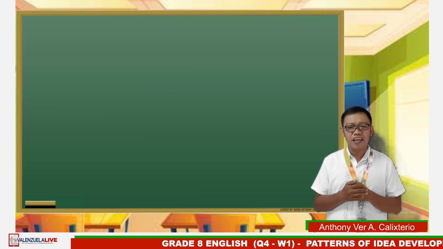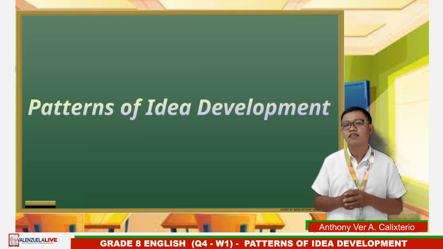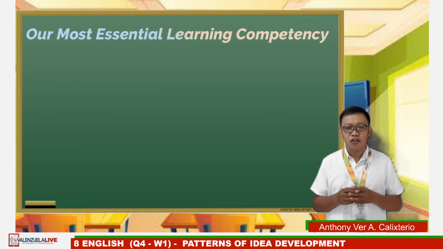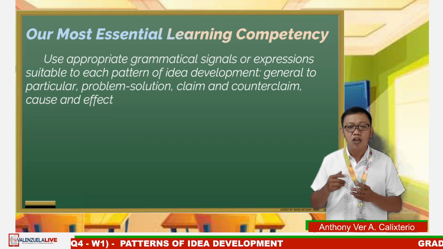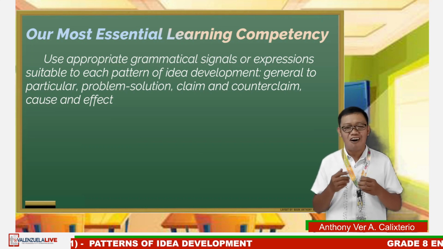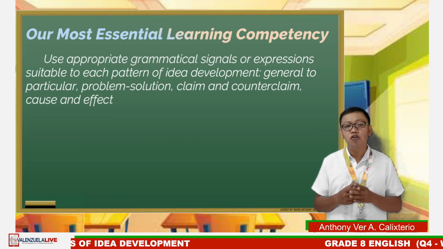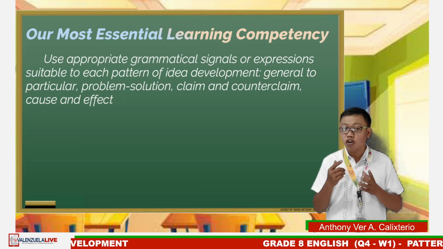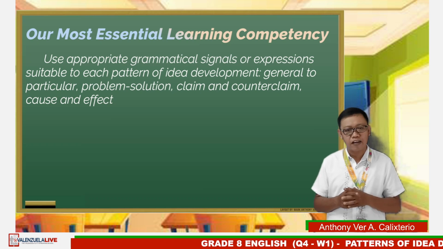Our topic today is patterns of idea development. Our most essential learning competency is to use appropriate grammatical signals or expressions suitable to each pattern of idea development, namely from general to particular, problem solution pattern, the claim and counterclaim, and the cause and effect.